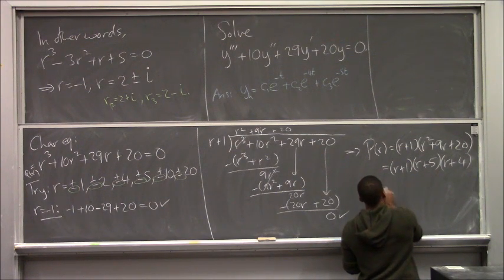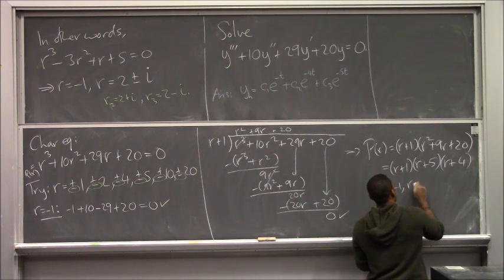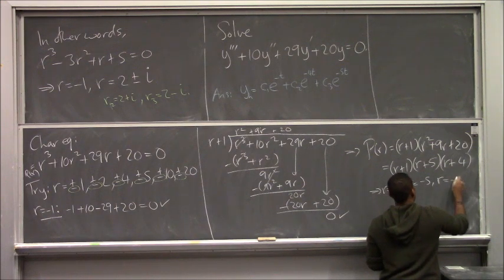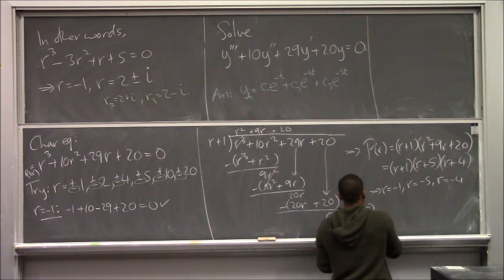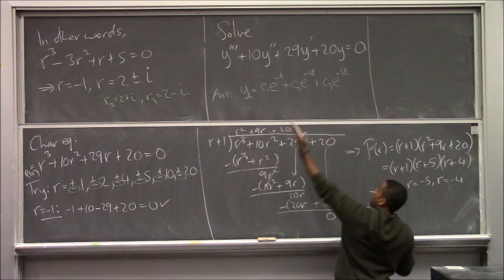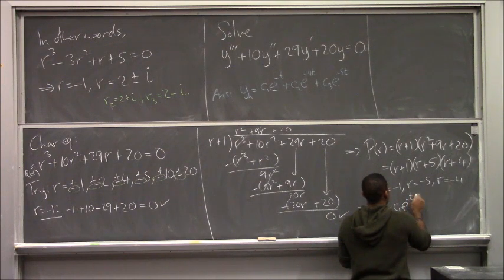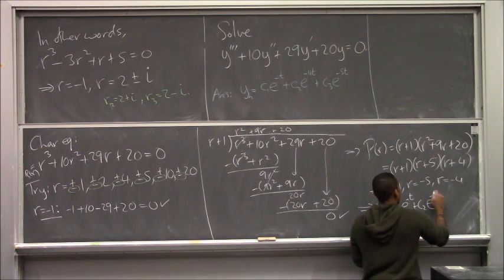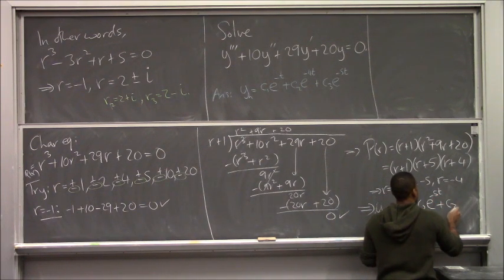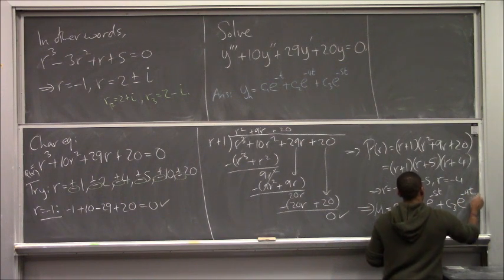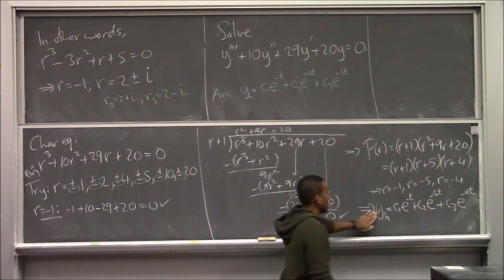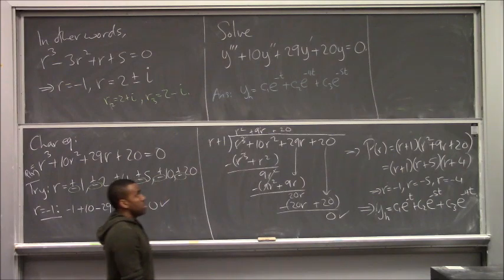So this means that my r is negative 1, my r is negative 5, or my r is negative 4, which means that's my solution. The homogeneous solution is given by C1 e to the minus t plus C2 e to the minus 5t plus C3 e to the minus 4t. So that was correct.